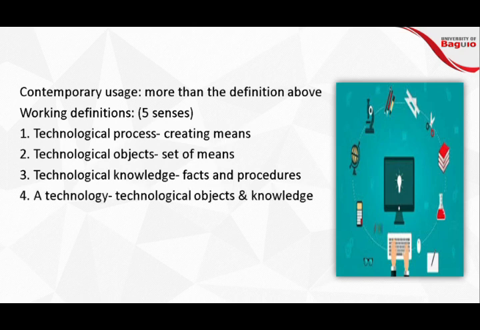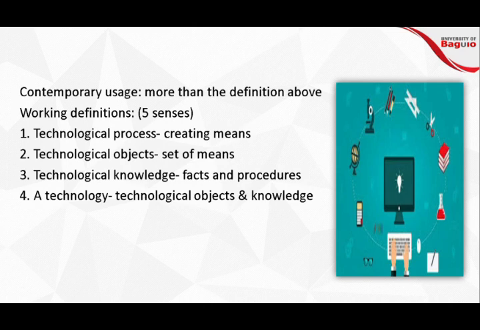And for the fourth working definition, so meron na tayong technological knowledge and we have already technological objects. So we can come up now with what we call technology. So technology is a subset of the related technological objects and the technological knowledge. So for example, we have what we call computer technology.